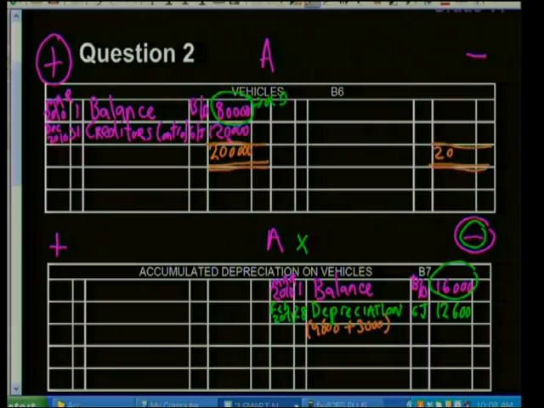Okay, 200,000. And this is obviously at the end of the financial year, so 28th of Feb 2011. So we've got balance carried down at the end of the year, 200,000.